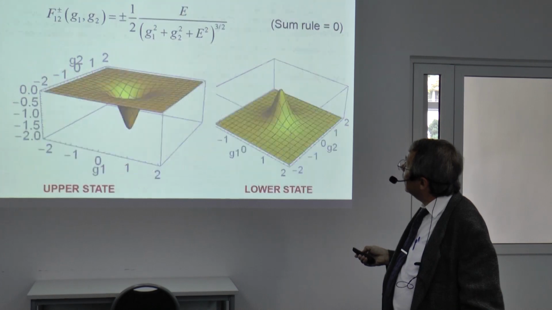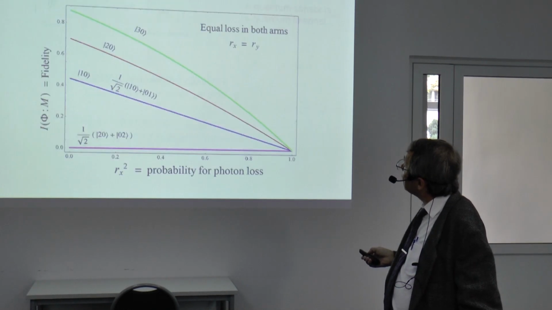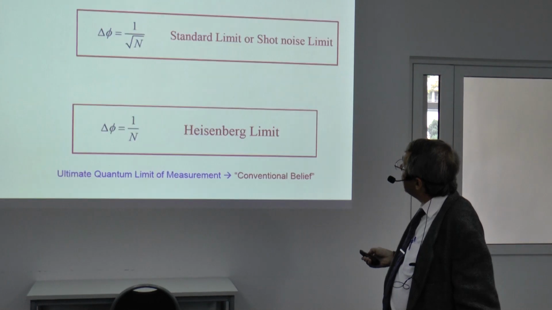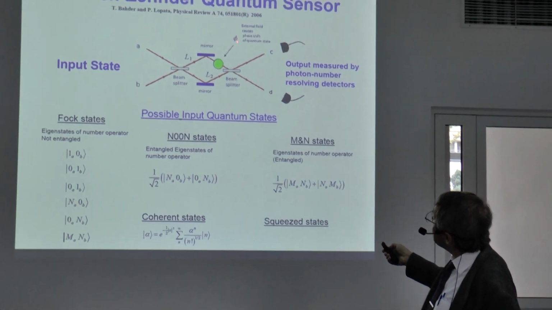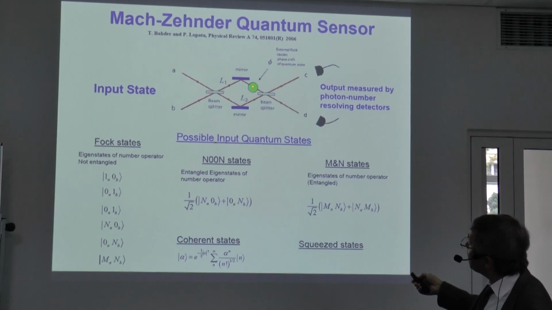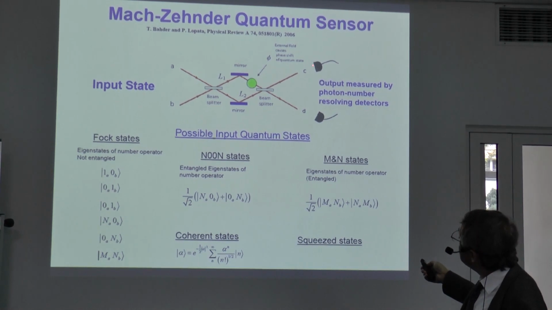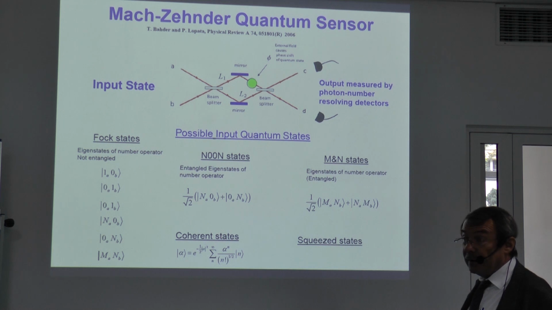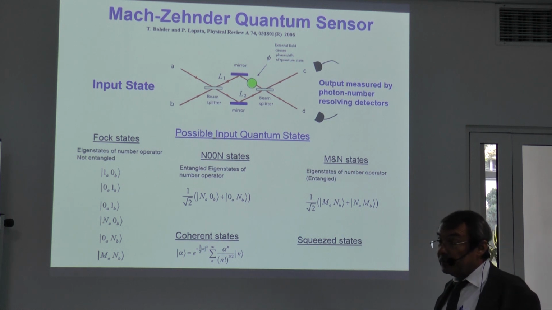So if you have an interferometer, for example, like this Mach-Zehnder interferometer, you could have an electric field. This could be a piezoelectric substance, and then you create a phase shift. So then, by counting photons, you could figure out what the electric field is.